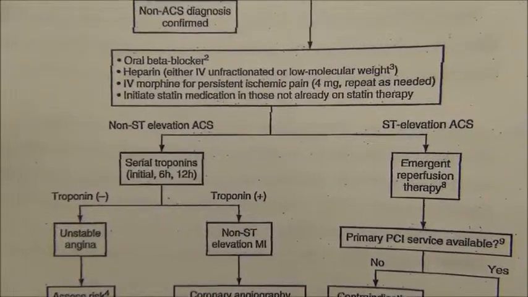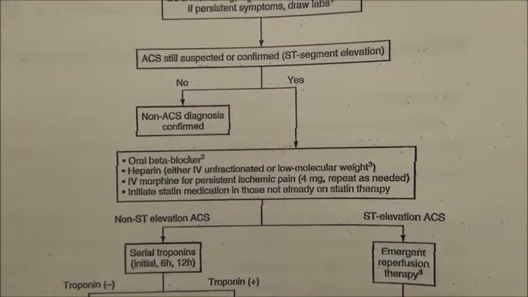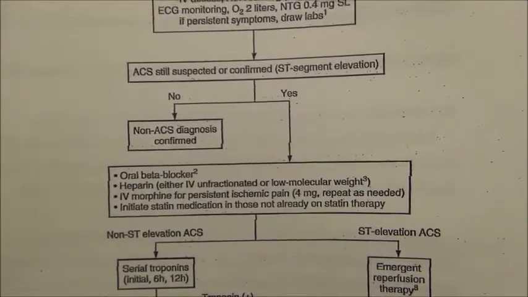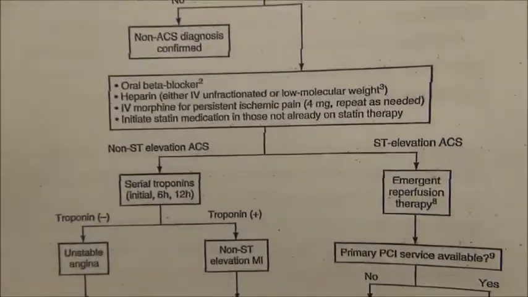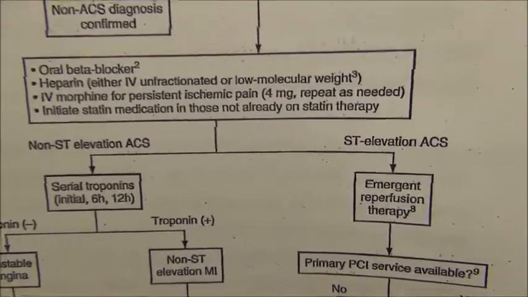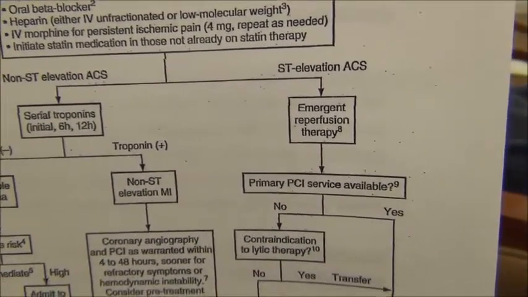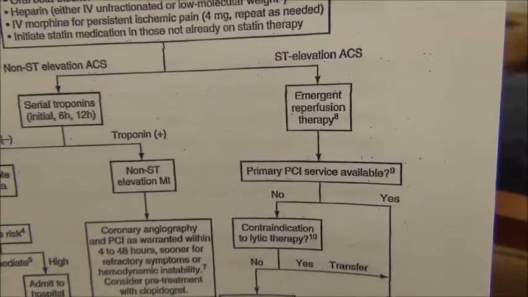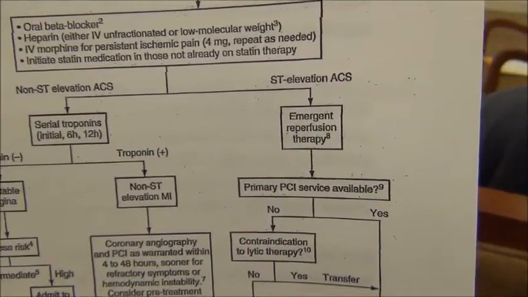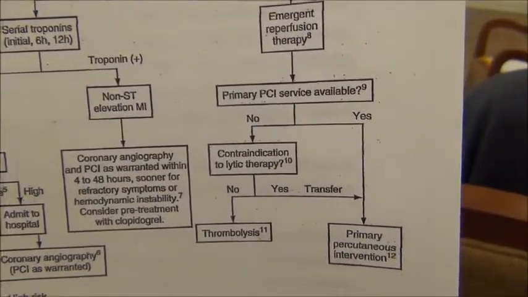Now, let's go to the right hand underneath that where it says ST elevation. What they do next is they send you to the cardiac catheterization lab where they put a catheter into your femoral or brachial artery and run it up to your heart and get it at the entrance of your coronary artery and then take X-ray pictures to see where the blockage is and how extensive it is and what they should do.